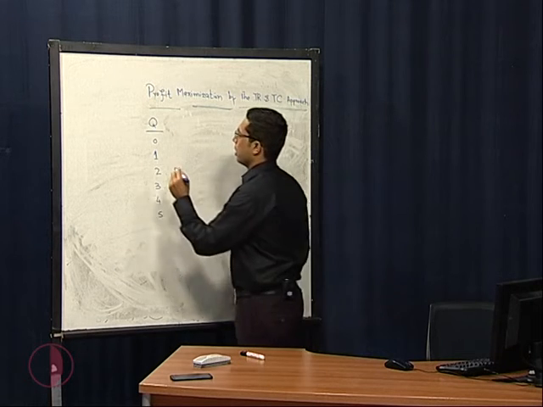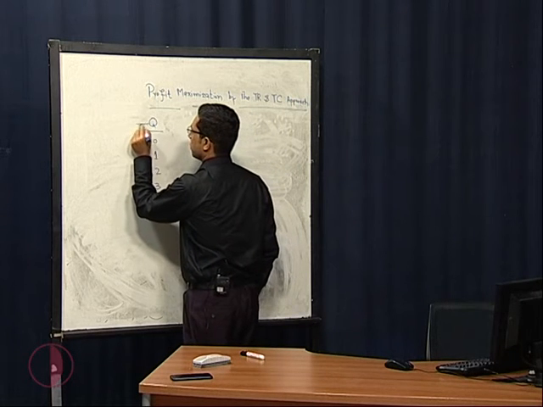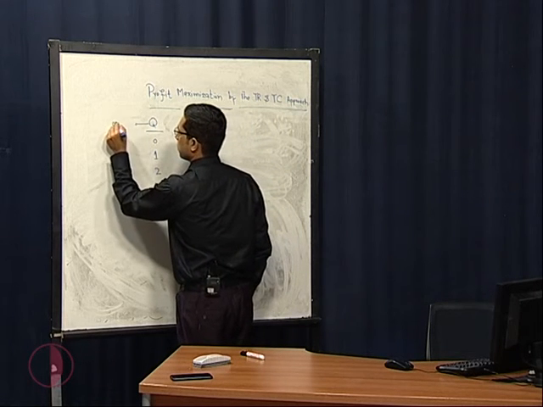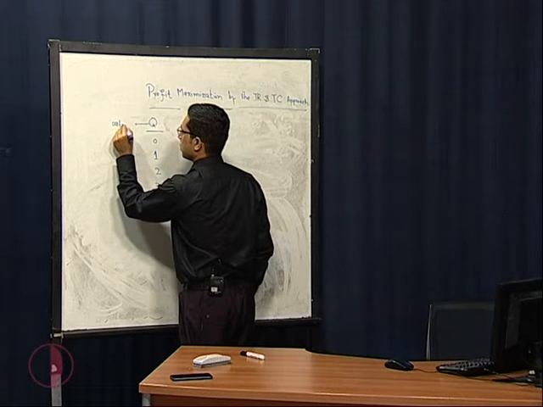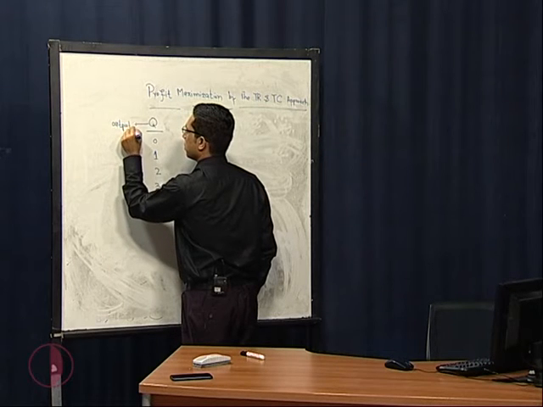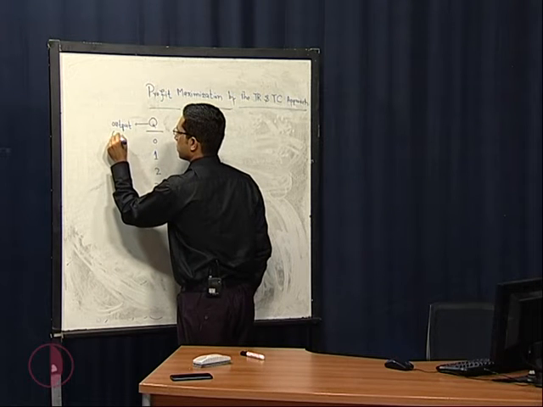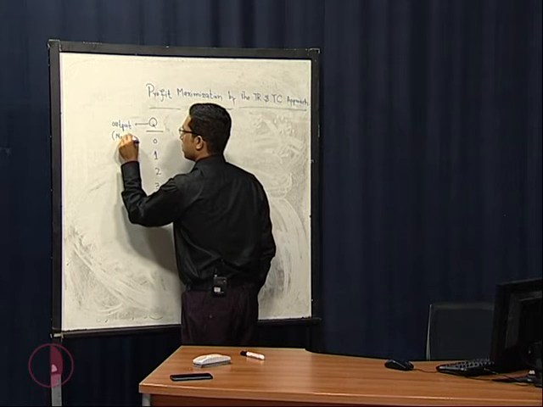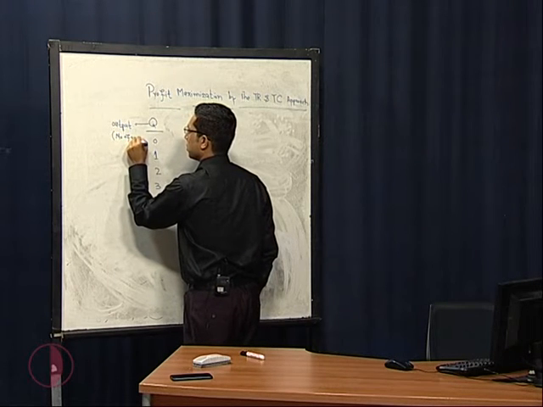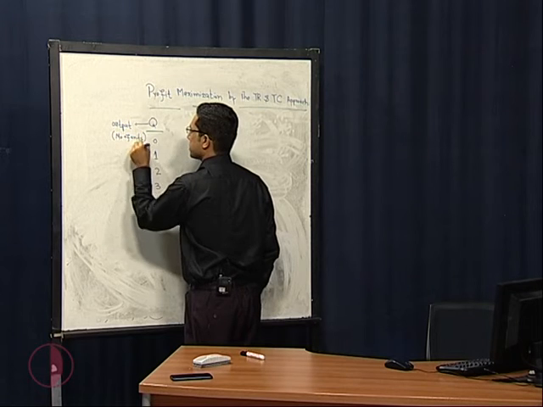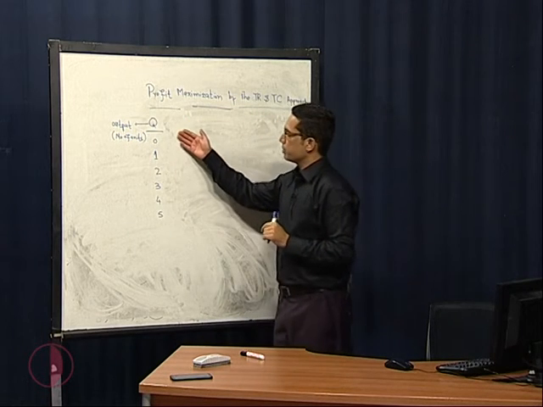Q means the number of units, the number of units that a business firm produces.